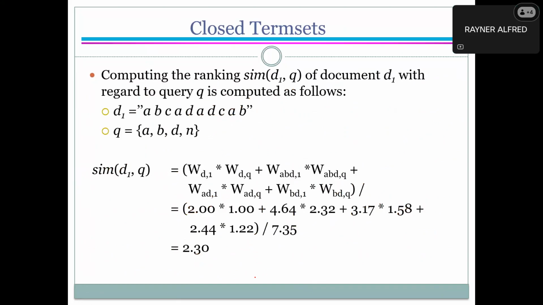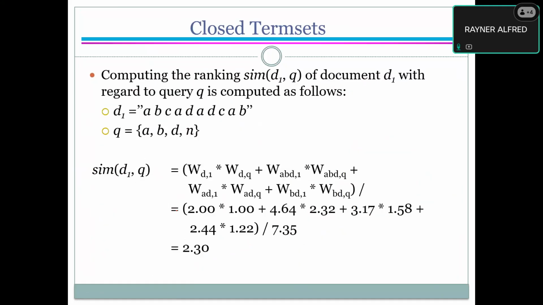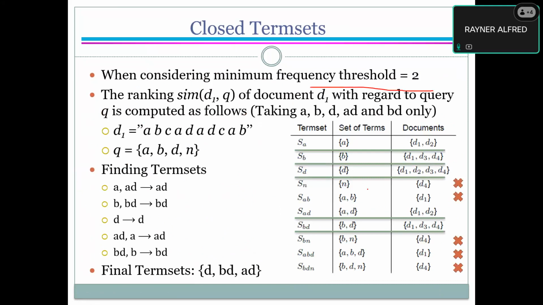So when we apply both the closed term set and the frequent term set, for example, let's suppose we say the minimum frequency threshold is 2, and then we are looking at the closed term set. Over here, we don't look for this D1 and D1 because they only occur one time.